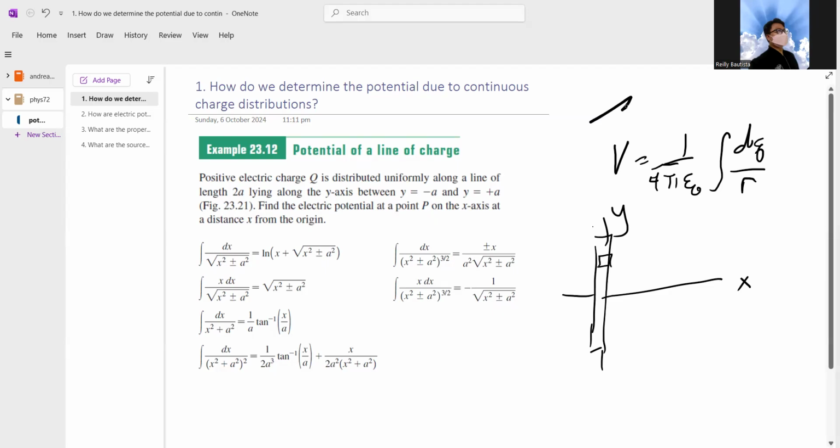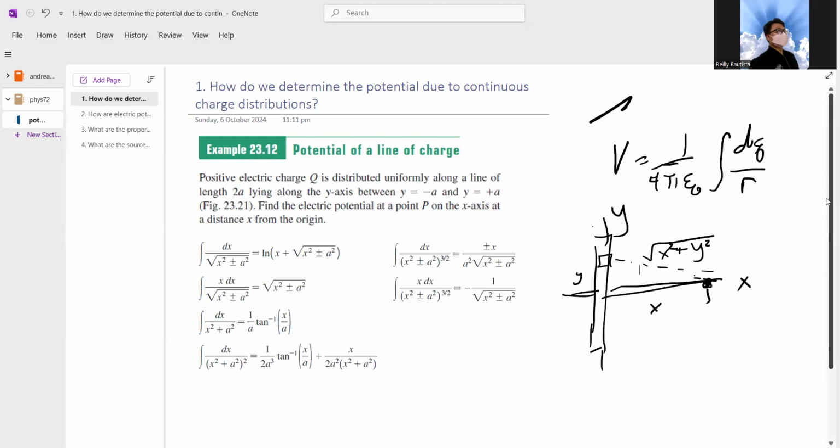We get this portion of the charge, and then we select a certain point on the x-axis and find the electric potential at that point, a distance x from the origin. So it's x, and then let's call this y. Certainly we could have the square root of x squared plus y squared. It's actually that simple.